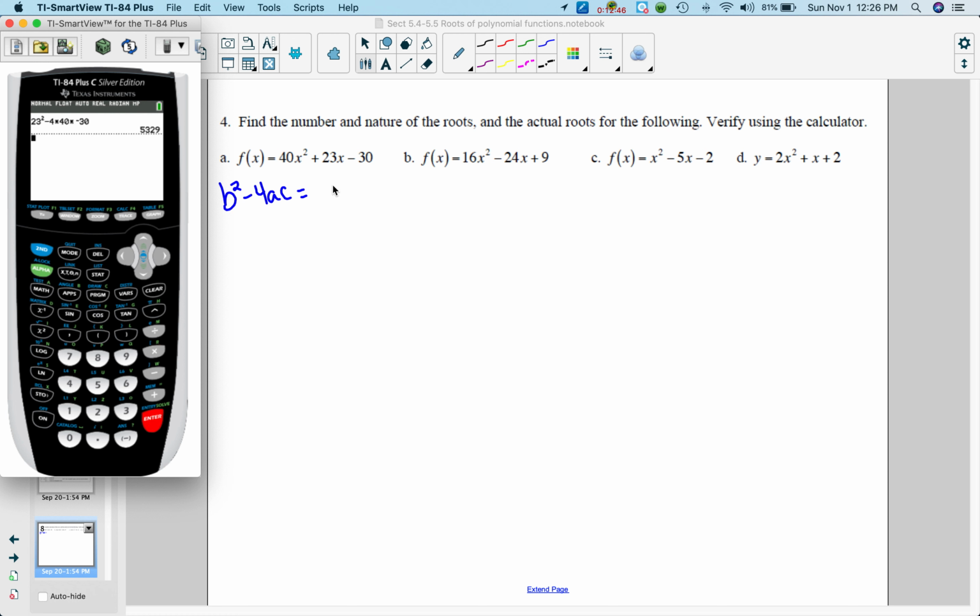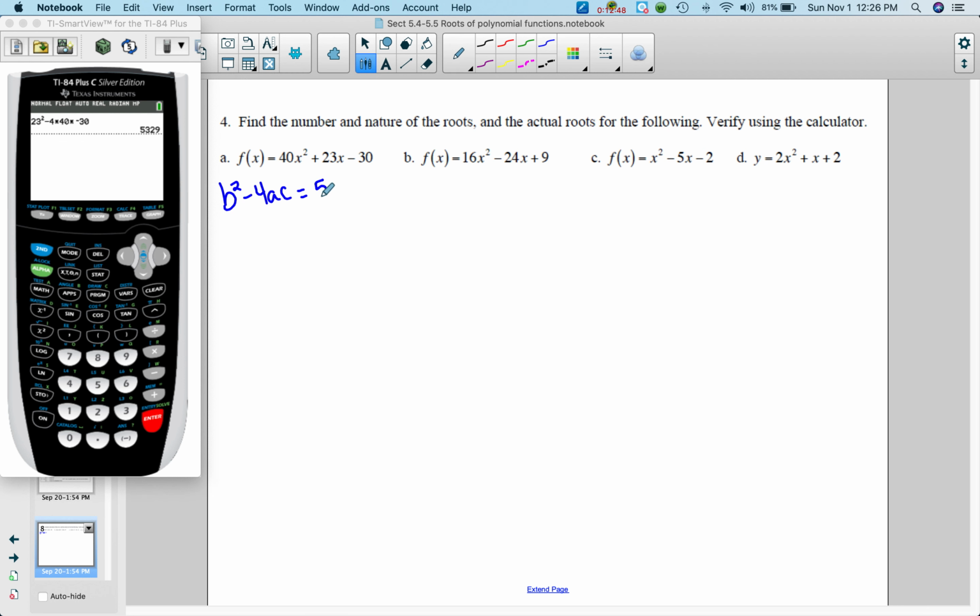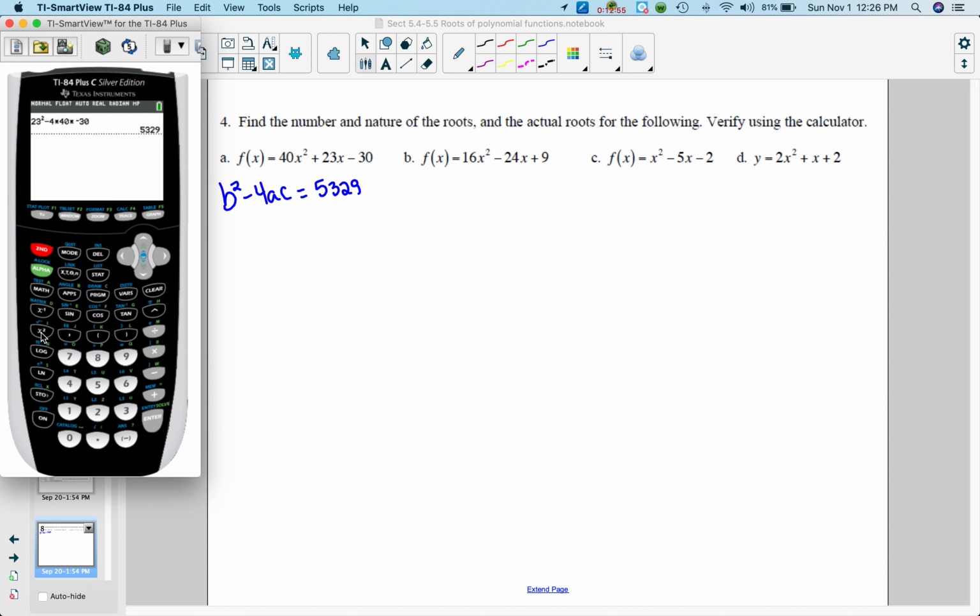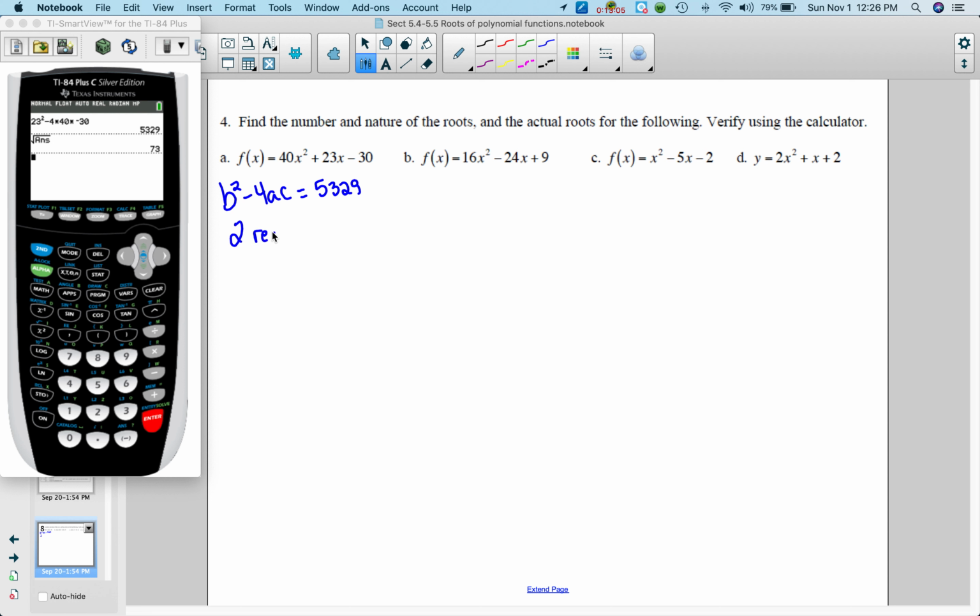And we get 5,329. All right, so it's positive. I'm going to see if that's a perfect square. It is. So this is a perfect square. That means I have two real, rational roots.